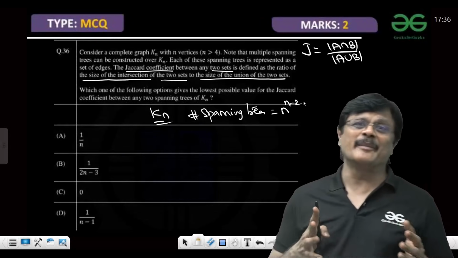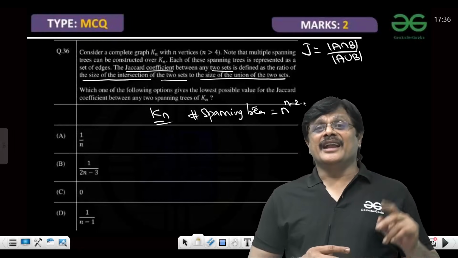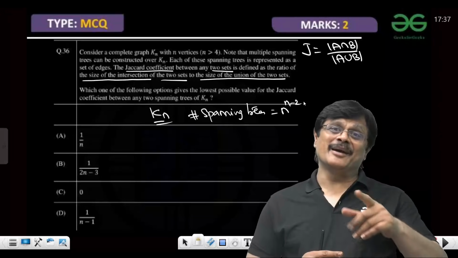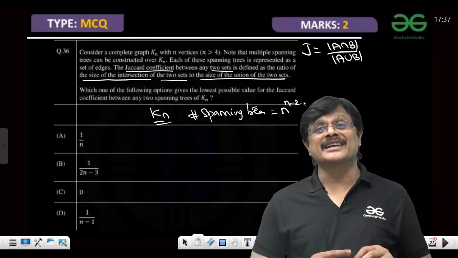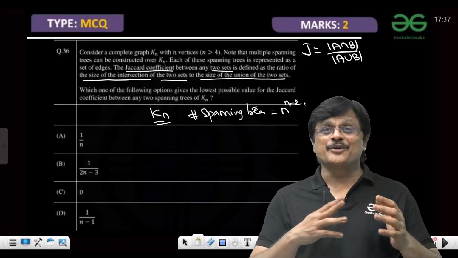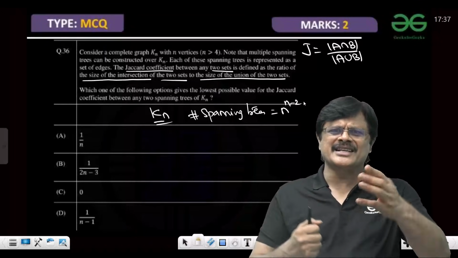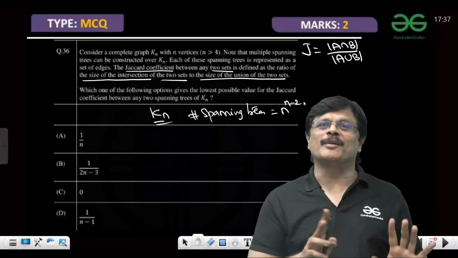You also know that the number of Hamiltonian cycles in Kn is (n minus 1) factorial by 2, and the number of edge disjoint Hamiltonian cycles will be (n minus 1) by 2. Edge disjoint means they do not have anything in common, and if you have a Hamiltonian cycle and remove one edge, that is a spanning tree, right? That is the main idea in this problem, my dear friends.